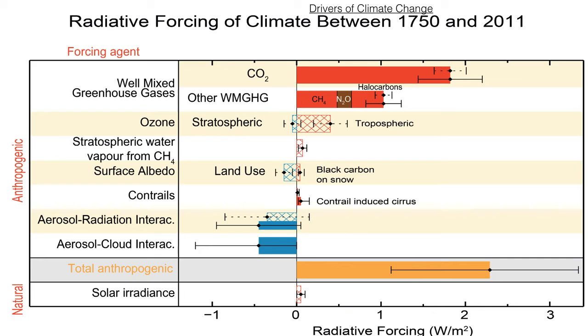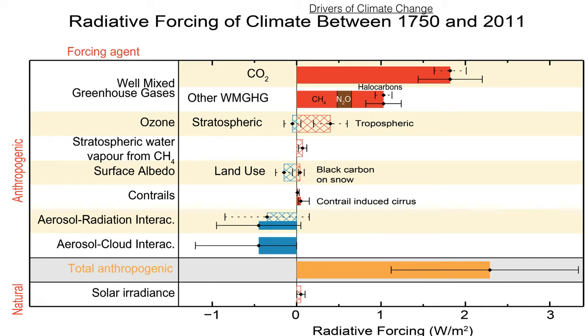Uncertainties, the 5 to 95% confidence range, are given in dotted lines for radiative forcing, and for the effective radiative forcing they are solid lines. The lines show the uncertainties.